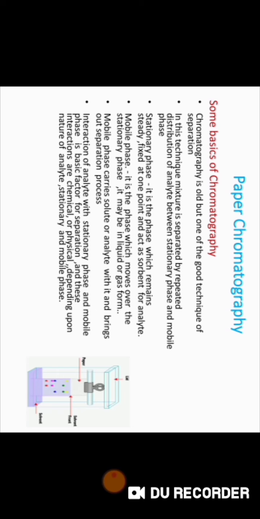These interactions may be of a chemical nature or of a physical nature, and they depend upon the nature of the analyte, stationary phase and mobile phase. So what is the basic thing behind separation? It is the interaction of the solute or analyte with the mobile phase and with the stationary phase. On this basis the separation takes place.